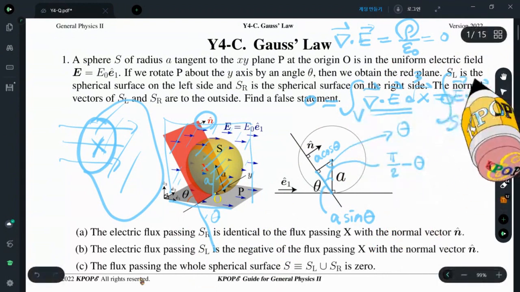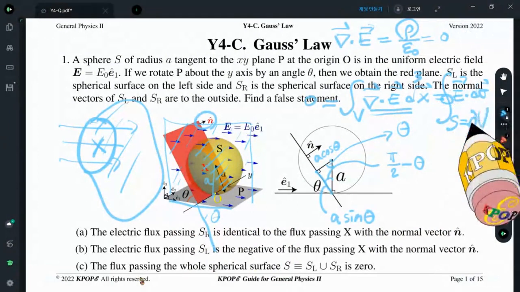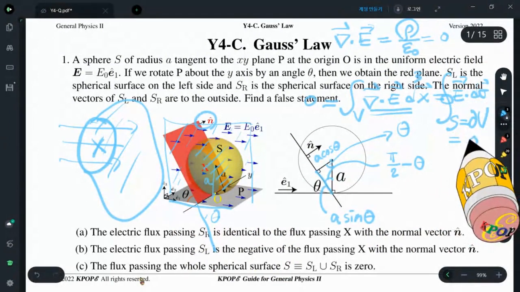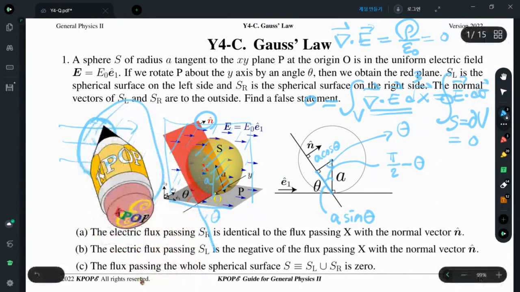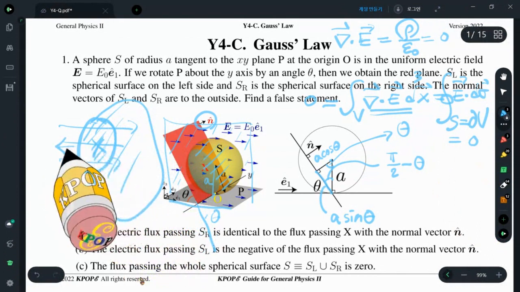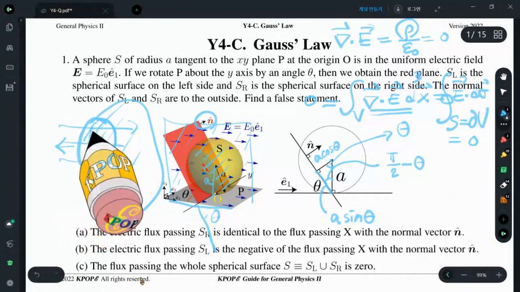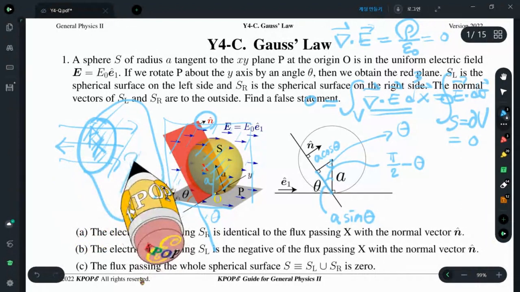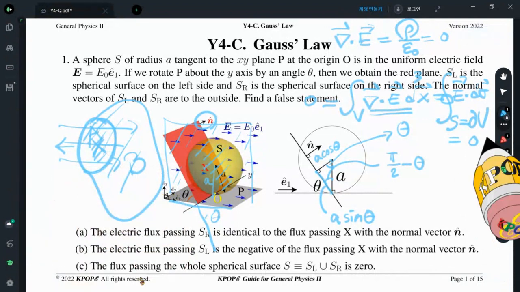So electric field flux integrated over a closed surface is exactly 0. But this closed surface consists of this surface and this cross-sectional area with the direction opposite. Because the sum is 0, this flux A and this flux B, the sum of these must be 0.